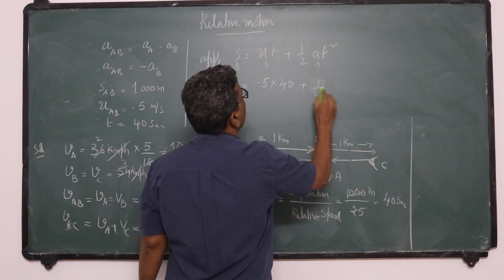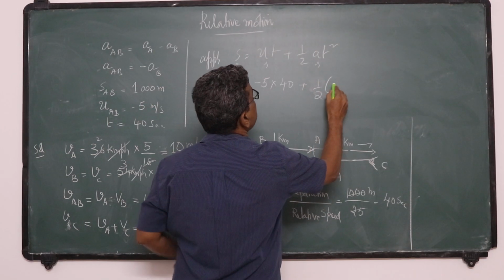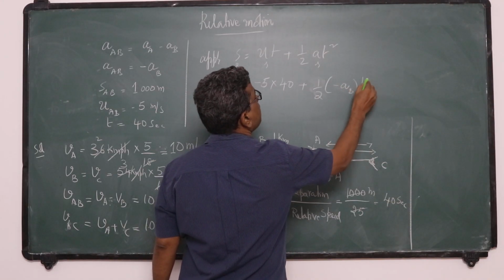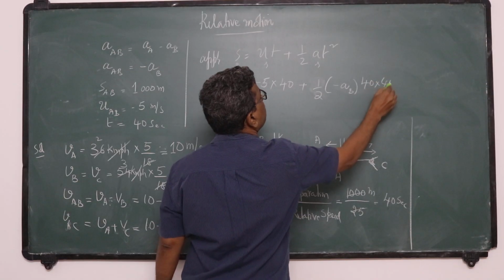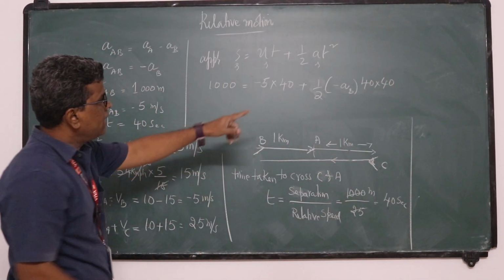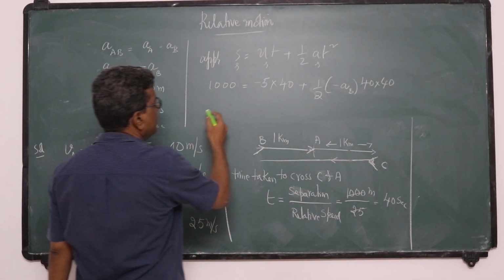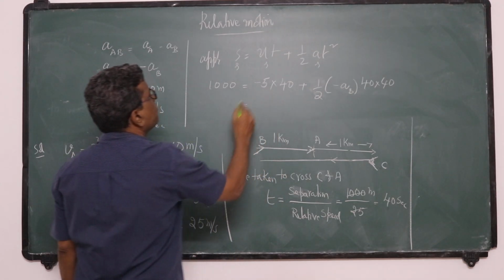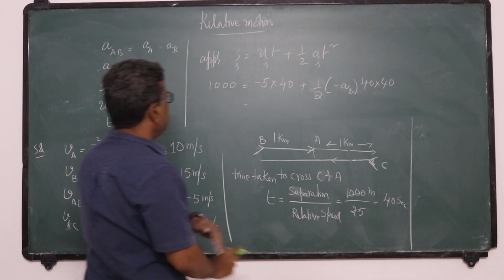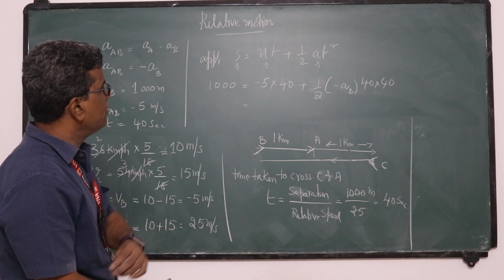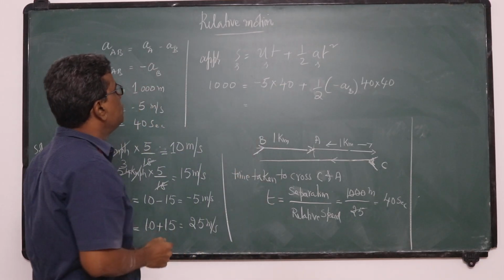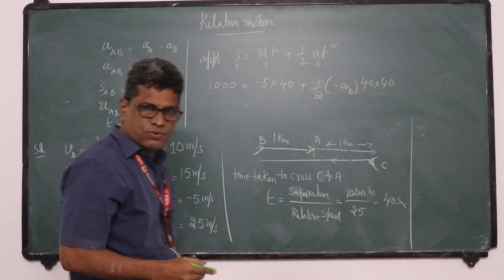Minus AB into t square, 40 into 40. We want the acceleration of B. So 5 into 40, you will get 200.